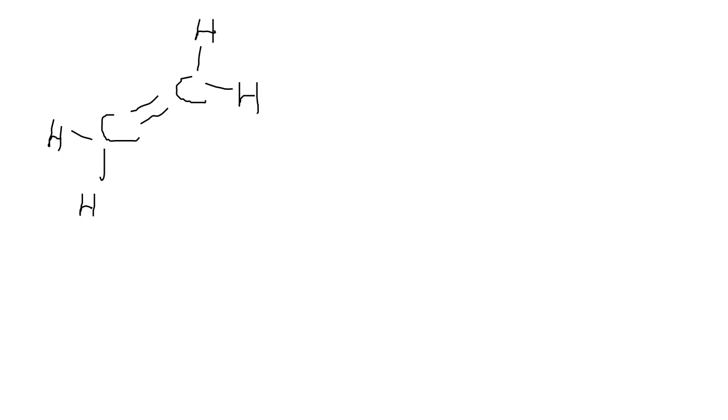It's unsaturated, and because it's a double bond, it's an alkene. And we know, we will go over later, that if you want to differentiate, to find out if you have a saturated hydrocarbon or unsaturated hydrocarbon, you will do the bromine test.